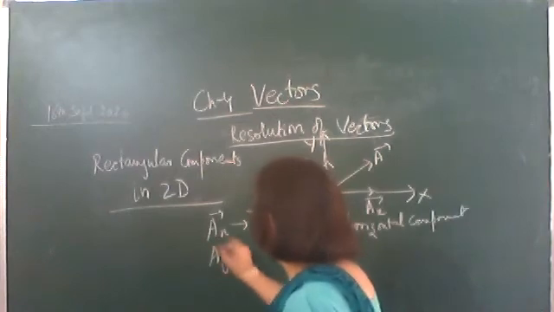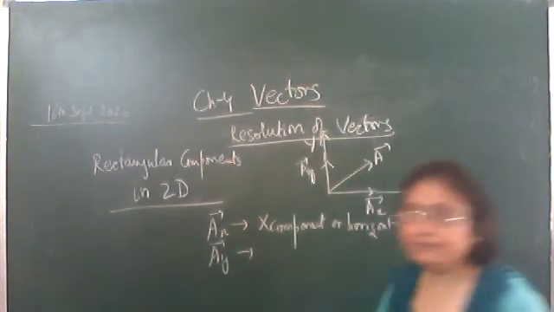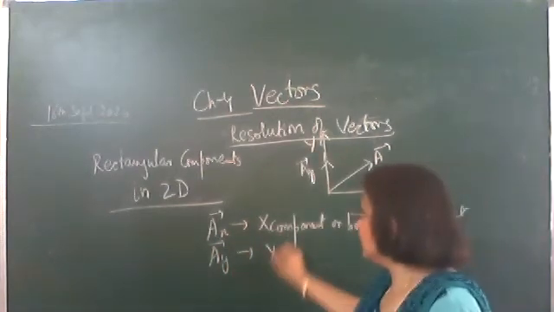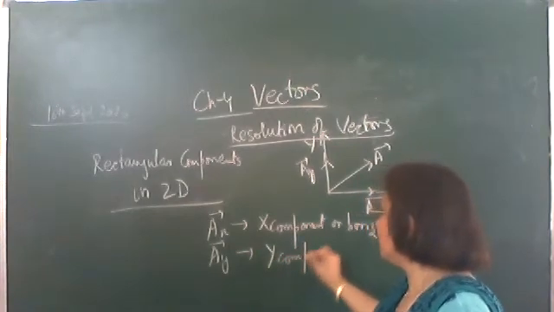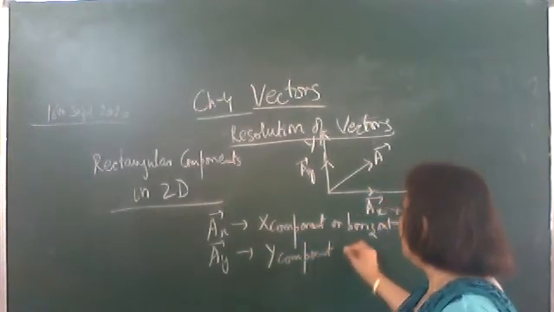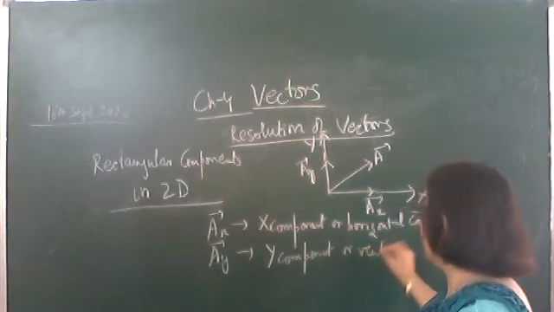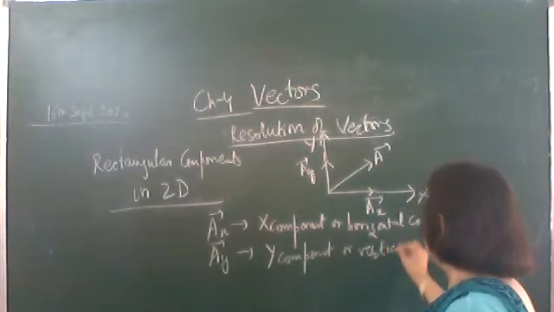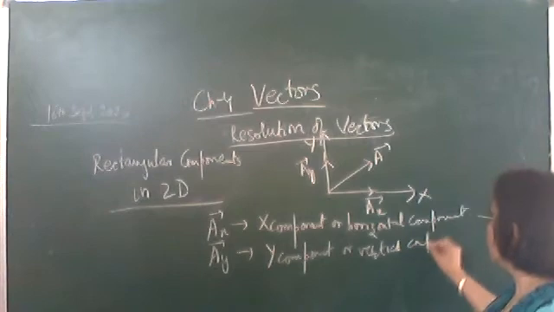The other split vector Ay, as it's acting along the y-axis, may be called the y component or the vertical component.